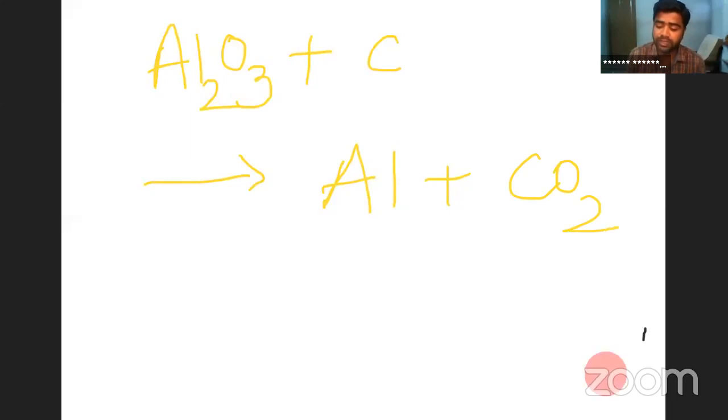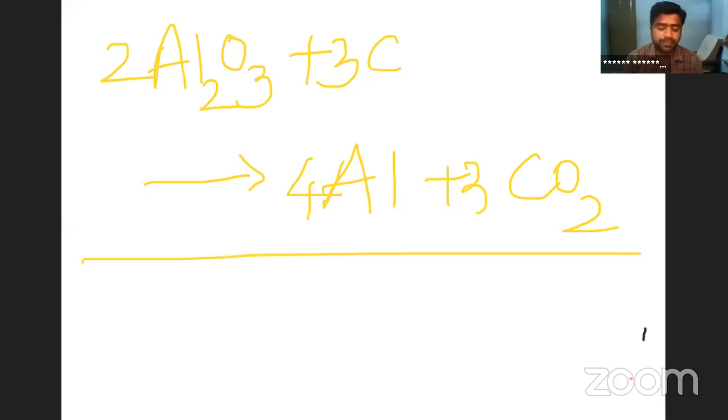If you balance this, we get 3C, 3 carbon. So this is the overall reaction.